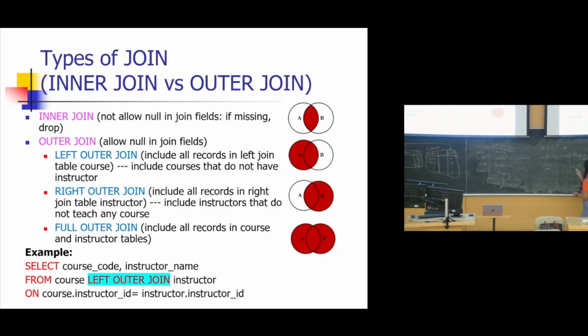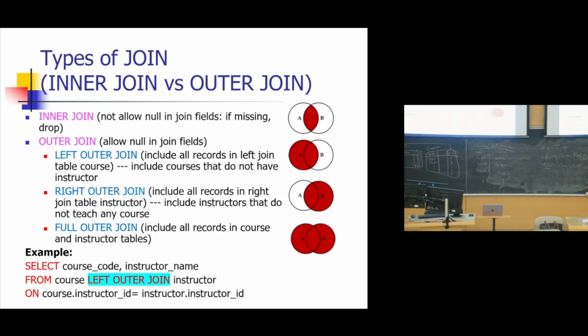Now what if I write select star from course right join instructor? What does it return? Now it's course right join instructor. I think it returns all the instructors regardless of whether they teach a course.